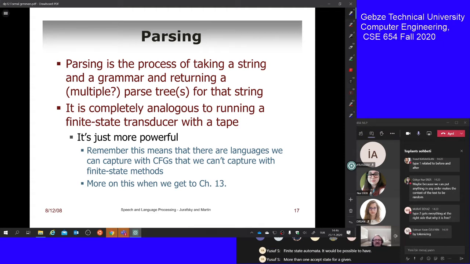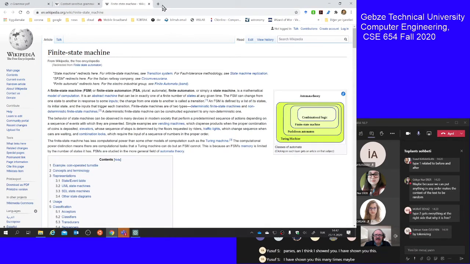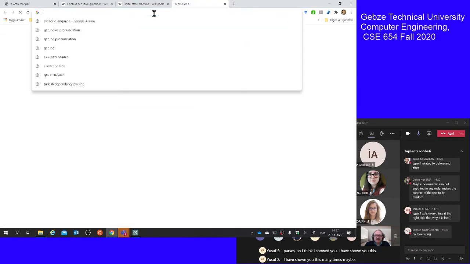And it is very similar in this case too. For a given sentence, we might have many different parses, and I think I have shown you this many times maybe. I saw a man with a telescope.